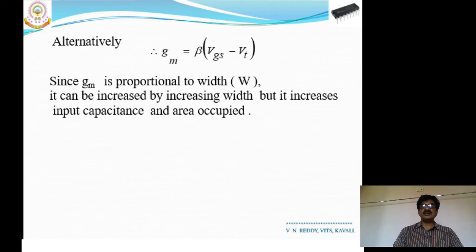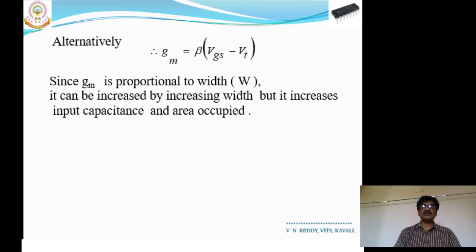From all these equations, we can conclude that gm is directly proportional to the width of the channel and inversely proportional to the length of the channel. So to increase the gm value, the width has to be increased. If it is directly proportional, increasing that parameter increases the gm value.